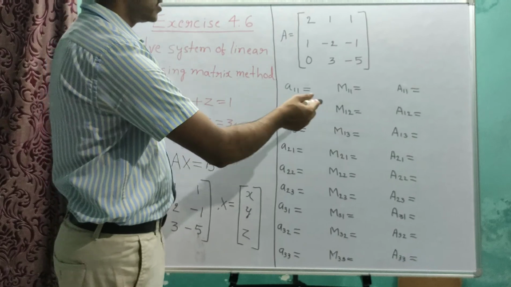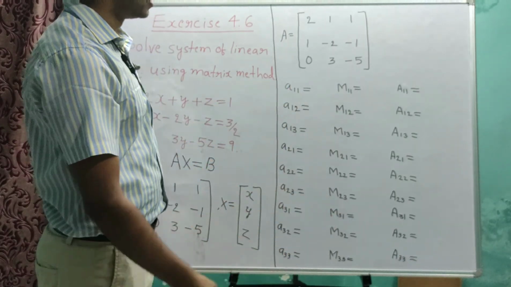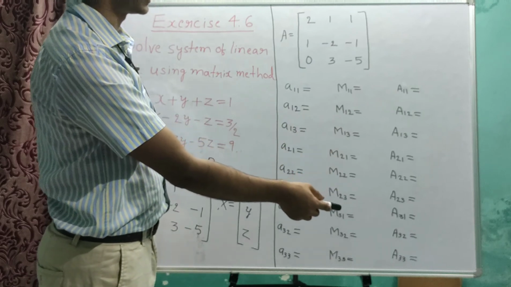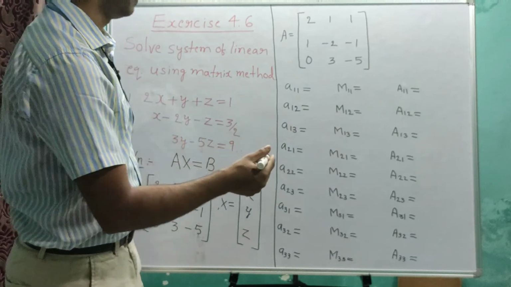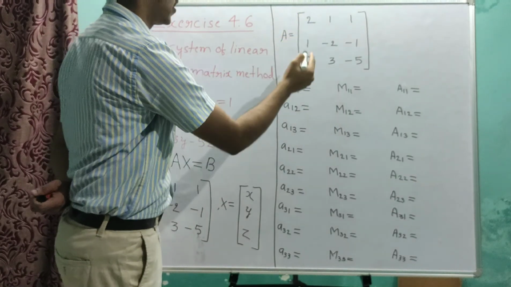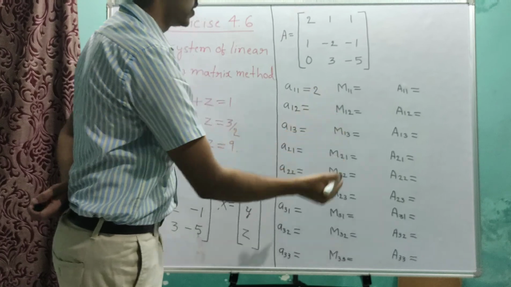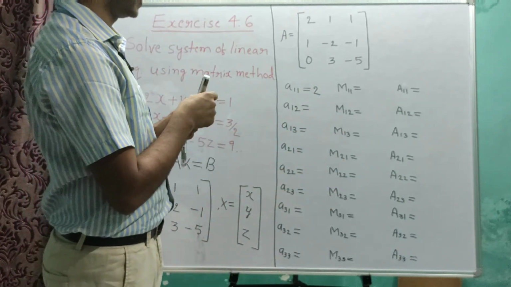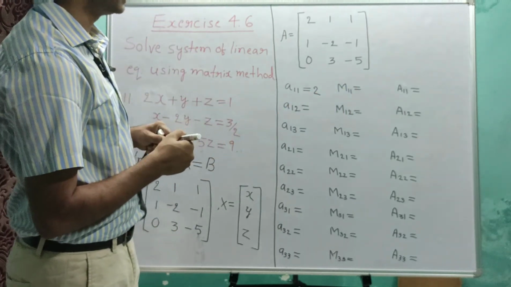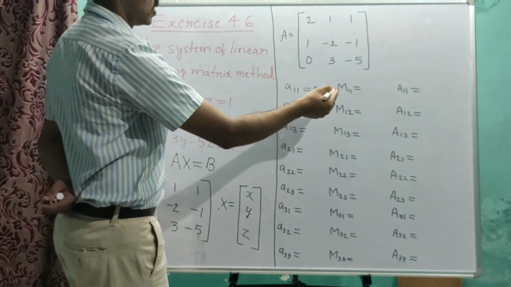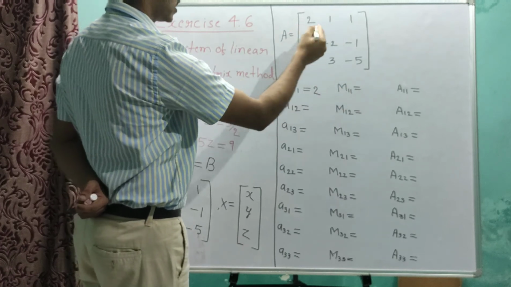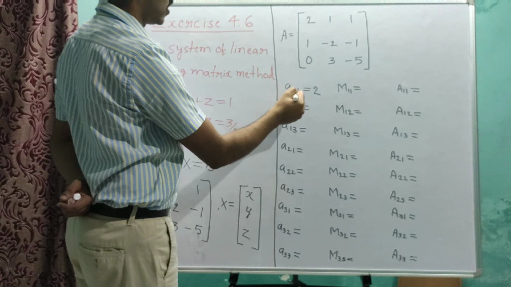Now let us compute the cofactors. So that is A11, A12, so on till A33. So first element here, A11 means first element in the first row, that is 2. Its minor is denoted by M11. To calculate the minor M11, we have to exclude the elements in the row and the column in which A11 lies.